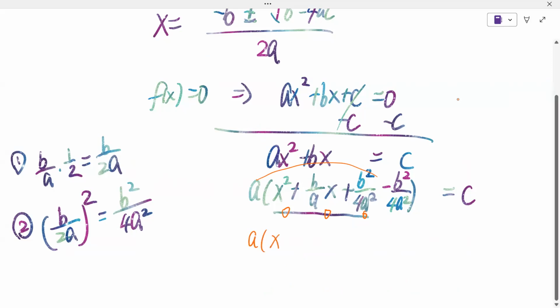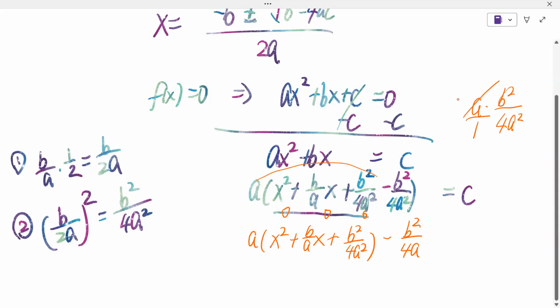So it'll be a times x squared plus b over a x, adding b squared over 4a squared. Once you distribute it, it becomes minus b squared over 4a, because a times b squared over 4a squared, you can make a fraction, a goes into a squared, cancel one of the a's. So it becomes minus b squared over 4a, equals negative c.